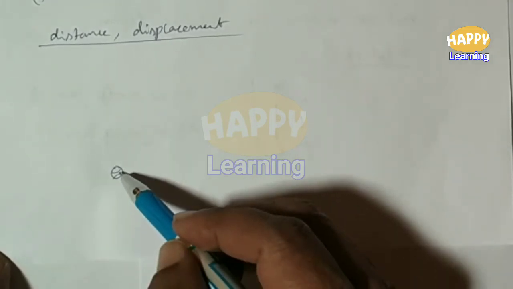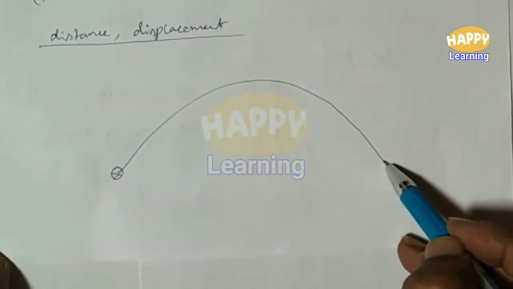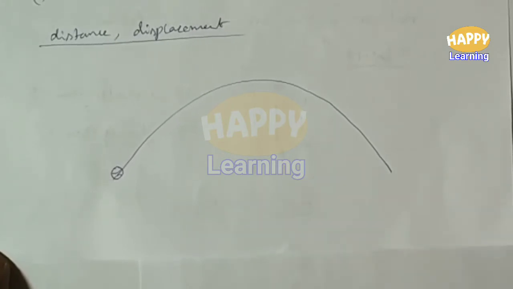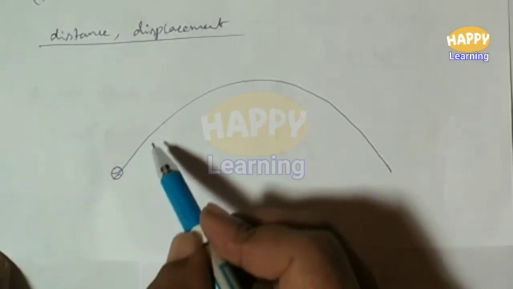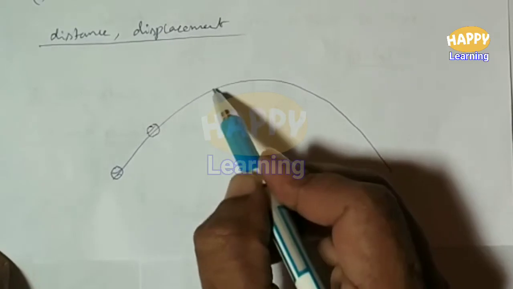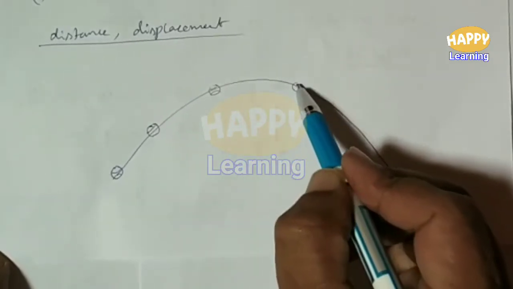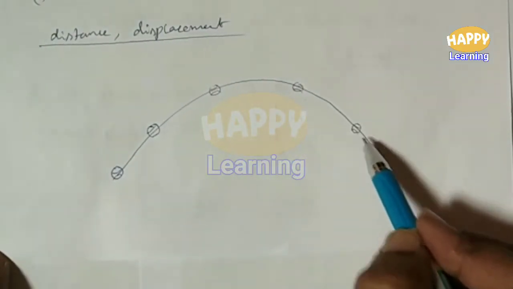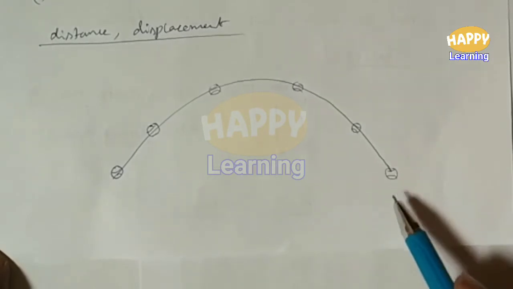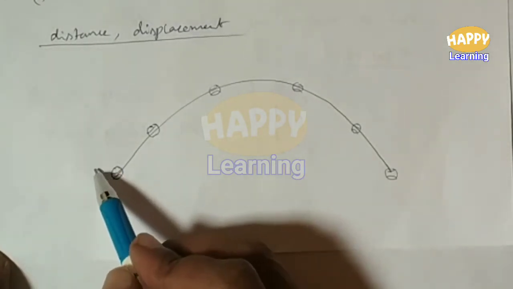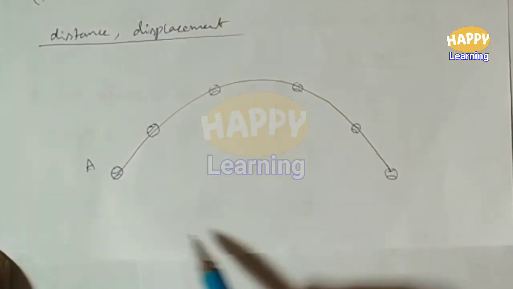There is a ball, it is thrown into the air, it moves along a curved path. So let us note down its intermediate positions. So this ball has passed through this curved path.